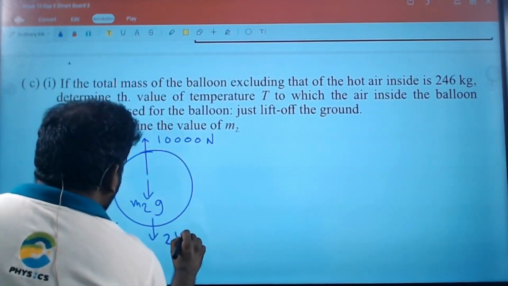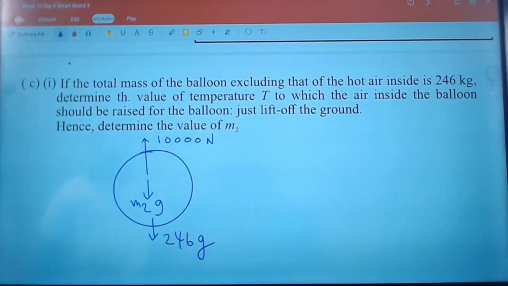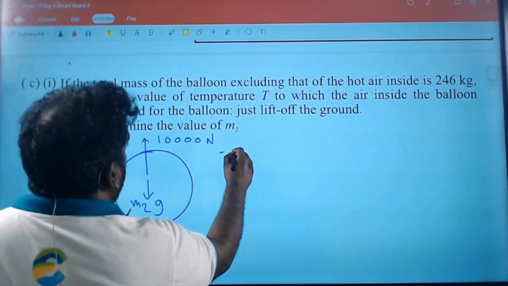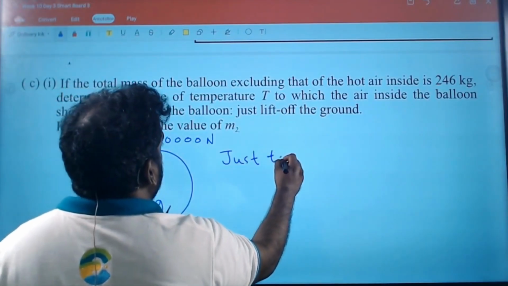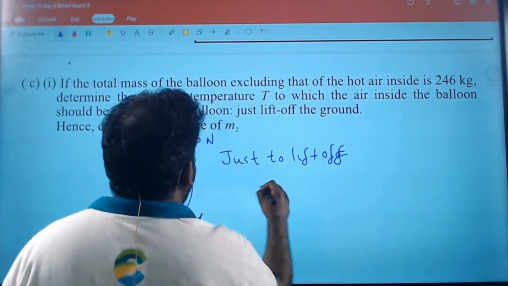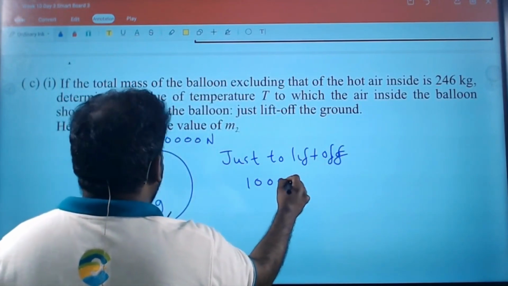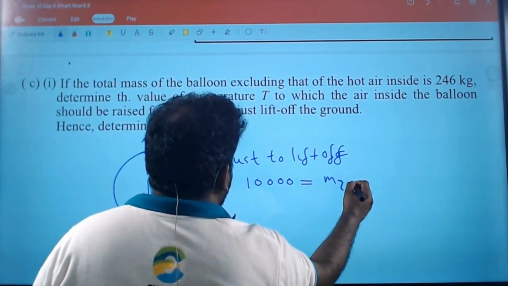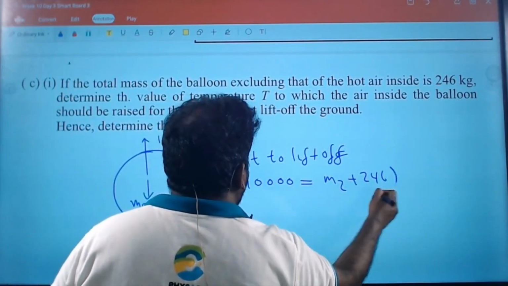Just to lift off, 10,000 equals M2 plus 246 g.